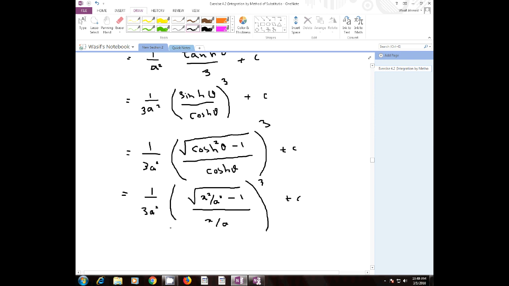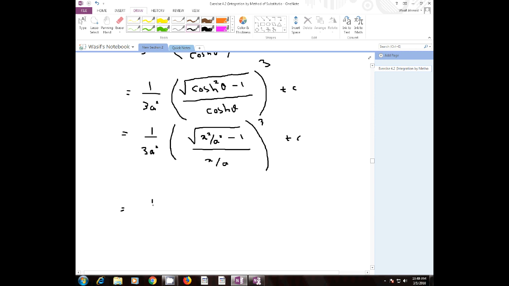You have to further simplify it, and you might get 1 divided by 3 square root of x square minus a square divided by a square, which gets out of the square root, and you have a multiplied with x, and in the numerator you will get a and its whole cube.